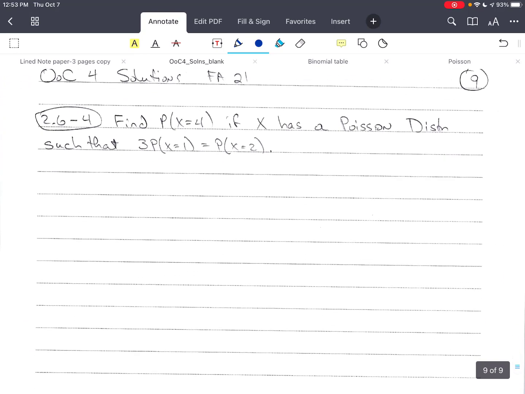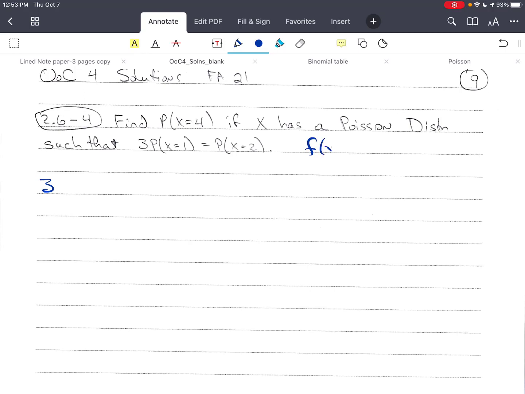All right, let's move on to 26-4. We want to find the probability that x is equal to 4 if x has a Poisson distribution such that 3 times the probability x is equal to 1 is equal to the probability that x is equal to 2. So this is 3 times the probability x is equal to 1.